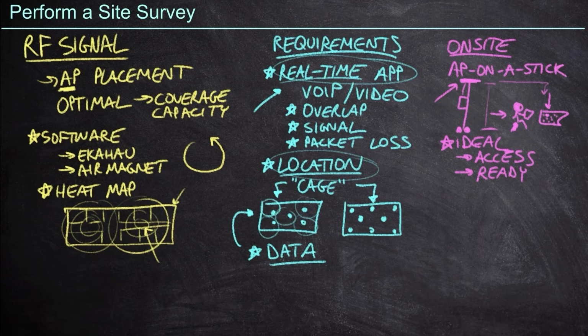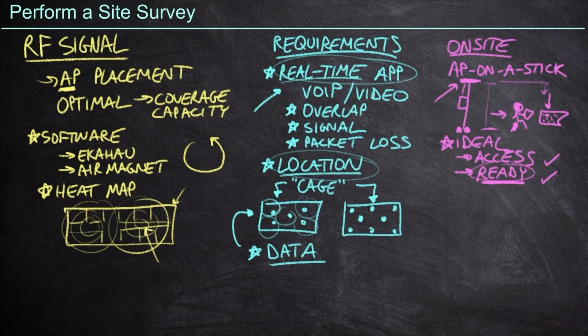That was a gross miscommunication between me and the customer. There's not much point in doing a wireless site survey if there are no walls in place, because when we install the walls, it's going to completely change the RF signal. So we need to make sure we not only have access to the site, but that it is ready to go, that there are no walls that are going to be built after the site survey is completed. Otherwise, the site survey is going to be very inaccurate.